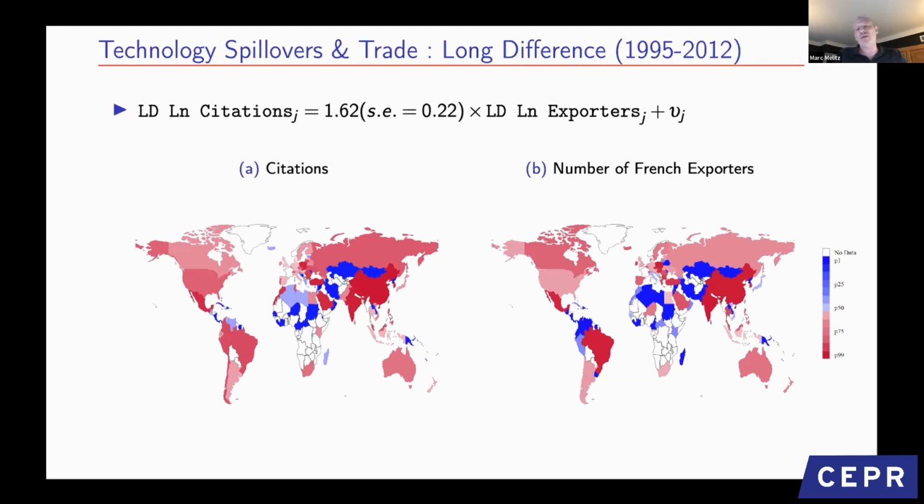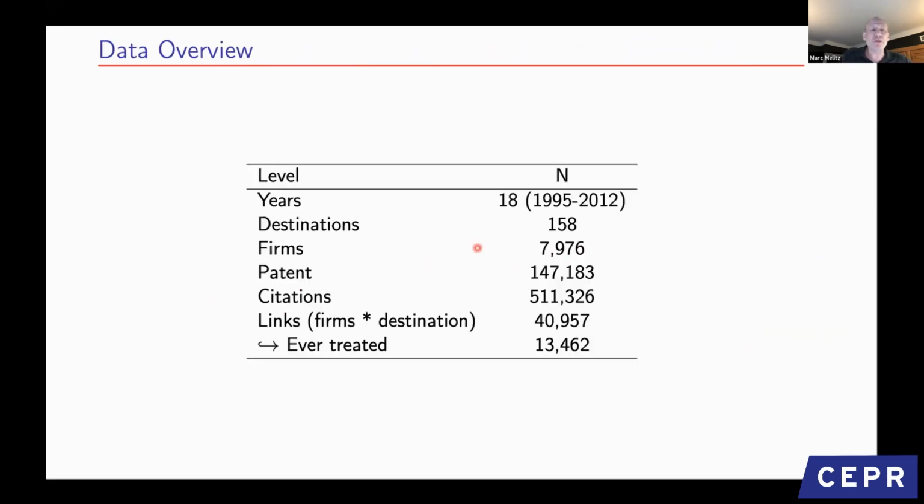At least we have the country fixed effects here, but we're not controlling for anything time varying that can affect both the change in the trade patterns as well as the increase in innovation at the destination. And so this is a key thing that we want to address in this paper. So let me just describe the data very briefly.